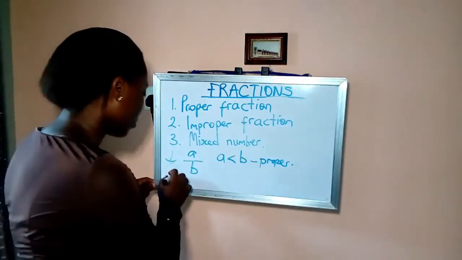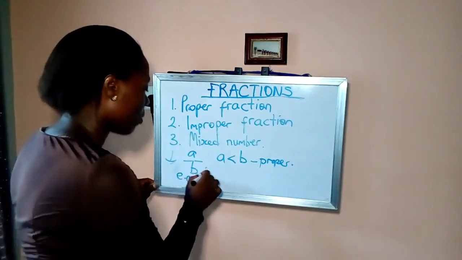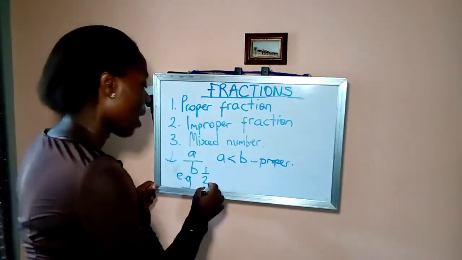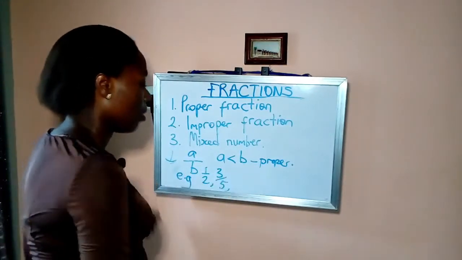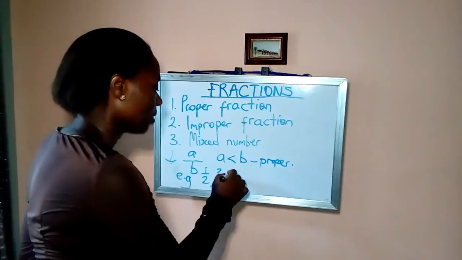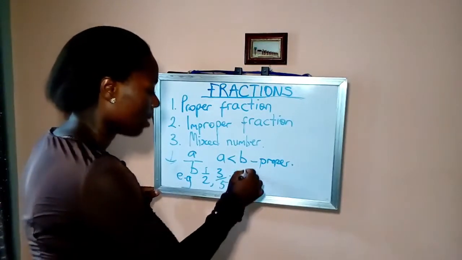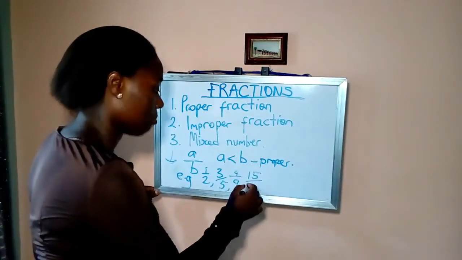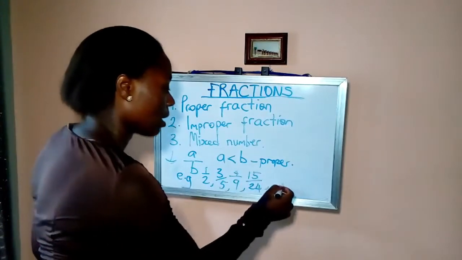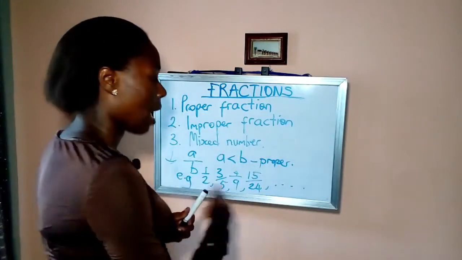Okay, for example, we have 1 over 2, 3 over 5, 4 over 9, and 15 over 24. This goes on and on.